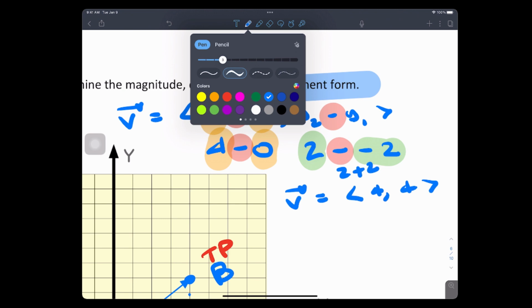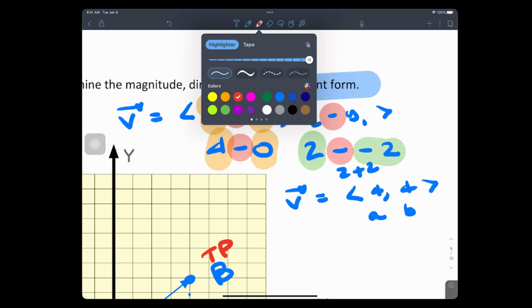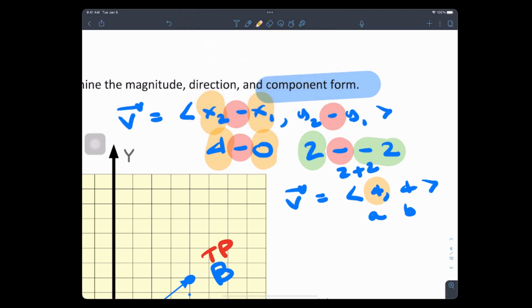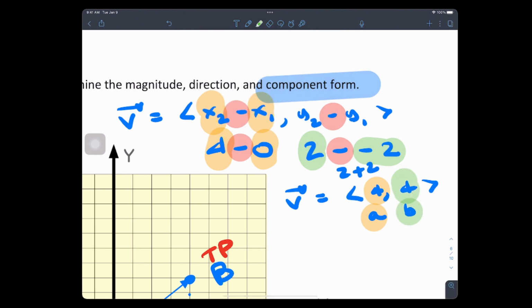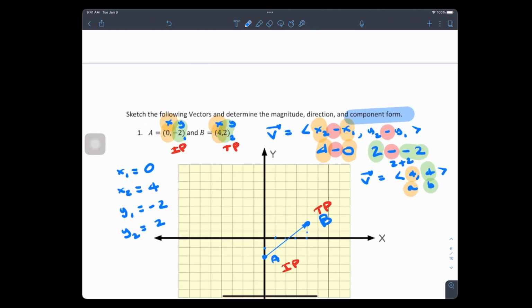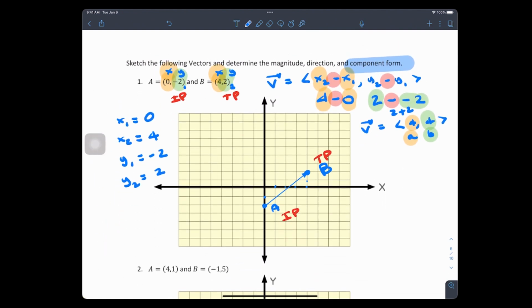So, if you want, you can say, did we label that A and B? Yes, we did. A, there it is, and then B. So we have found the component form of the vector v.